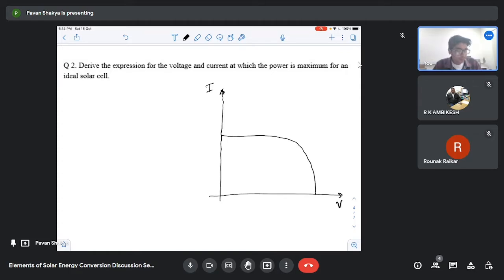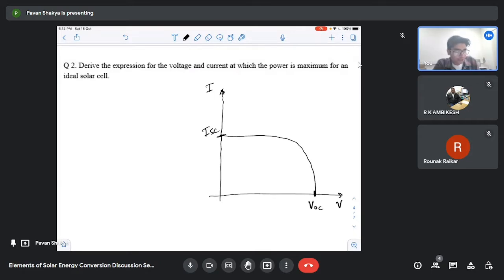The intercept at the y-axis is the short circuit current, and the intercept at the x-axis is the open circuit voltage that we denote as VOC. Now from the figure we can see that at the ISC point there is no voltage, so the power will be zero. Similarly for VOC, the open circuit voltage, the current is zero, so the power will be zero.